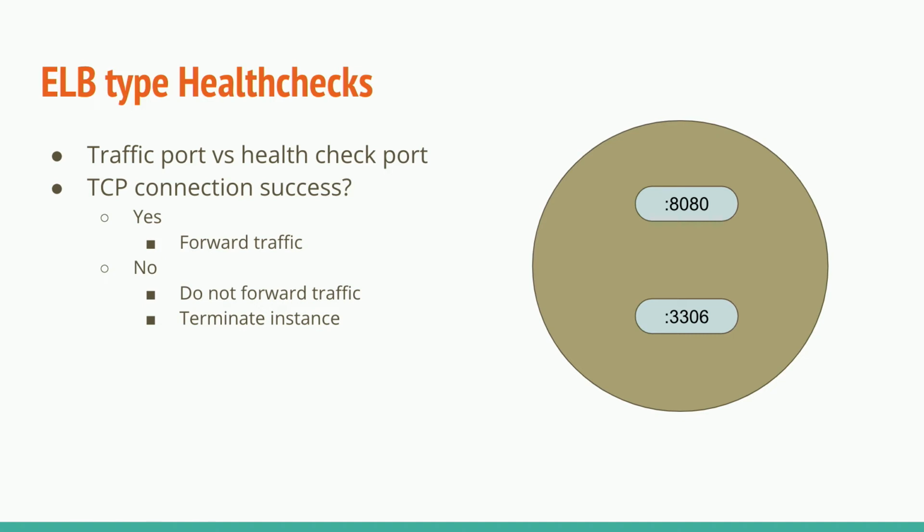Originally, I wanted to use this type of check because it seems more convenient. ProxySQL listens to a TCP port. I think it's 6033 by default, but I'm never gonna remember that number, so I changed it to 3306, right?